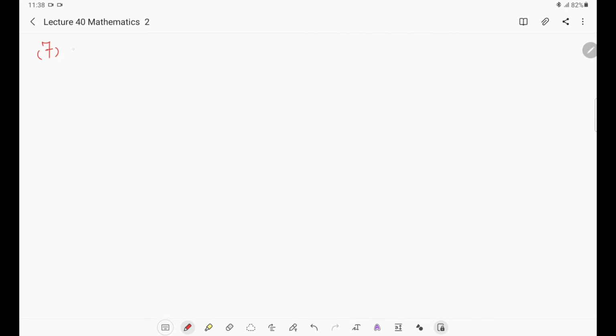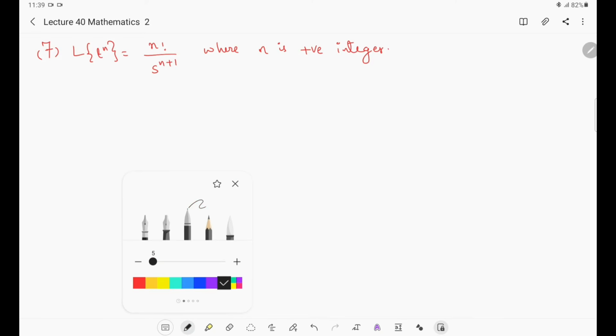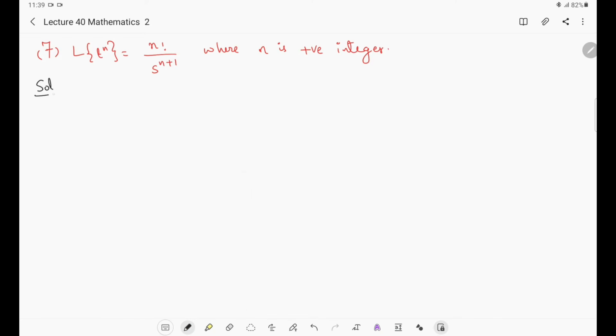the seventh formula is Laplace transform of t^n. It is given by n!/s^(n+1), where n is a positive integer.